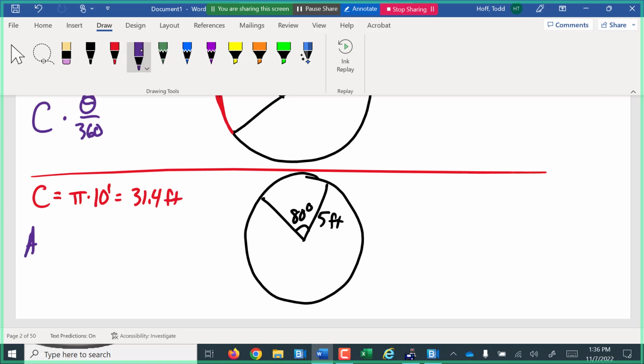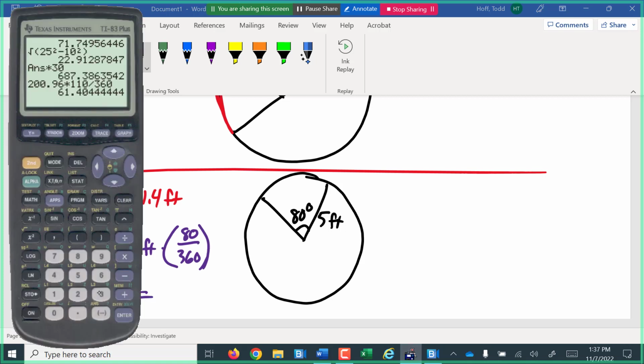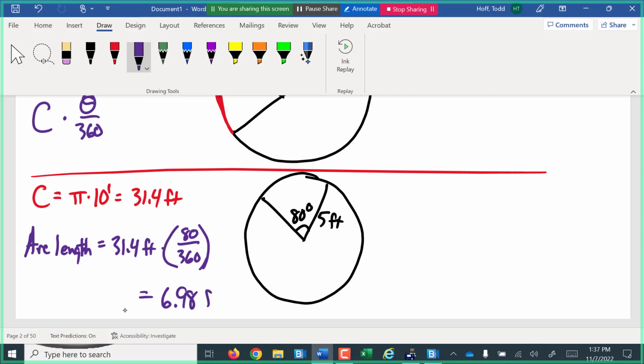So then the arc length is the 31.4 feet times what? 80 divided by 360. Perfect. Giving us 6.98 feet of arc length. So that just gives us this piece here.